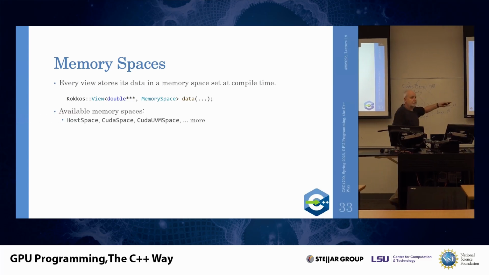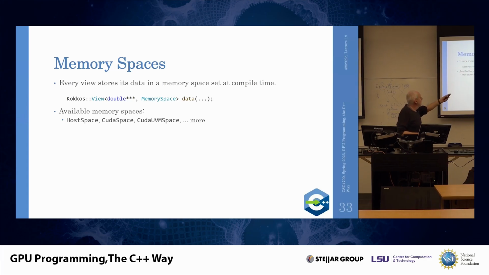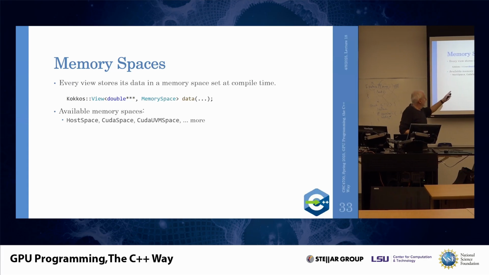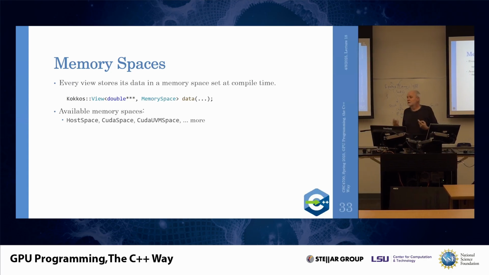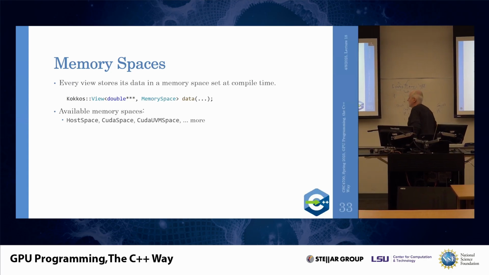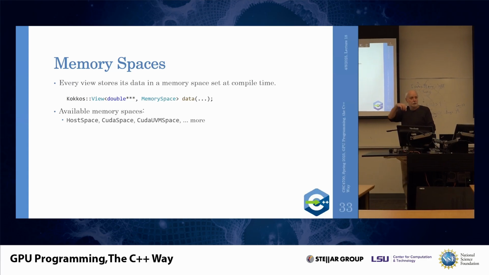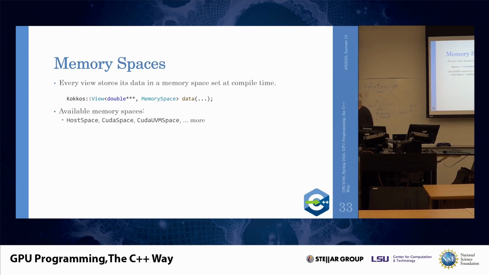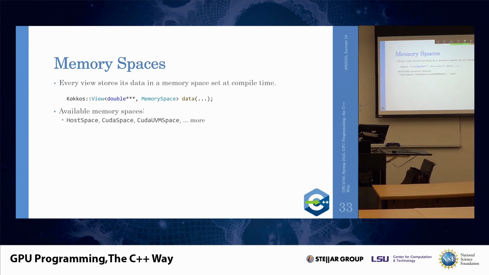There could be host space, which refers to the CPU. CUDA space is a predefined one when you're using CUDA. CUDA universal memory space is when you're using CUDA universal memory, and so on. So each of those independent memory regions in your machine is represented by one particular type that identifies that place.